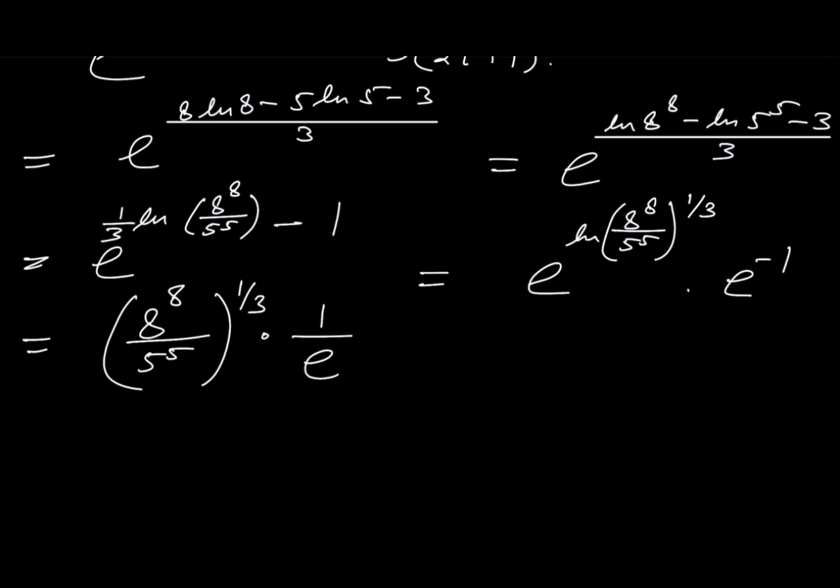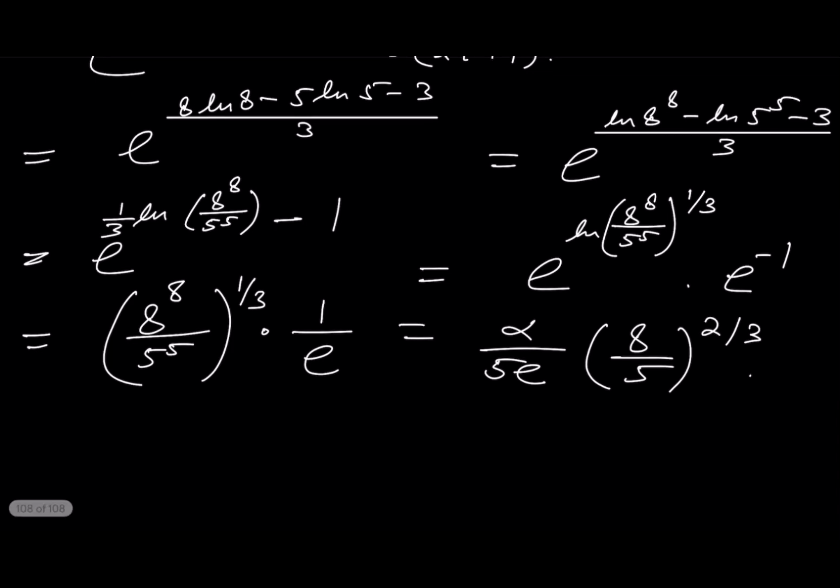Now this I can compare with what is given in the question. The question says this limit is equal to alpha upon 5e times (8 upon 5) whole power 2 by 3. If I make the LHS according to the RHS, then I can take 5 out from 5 to the power 5.